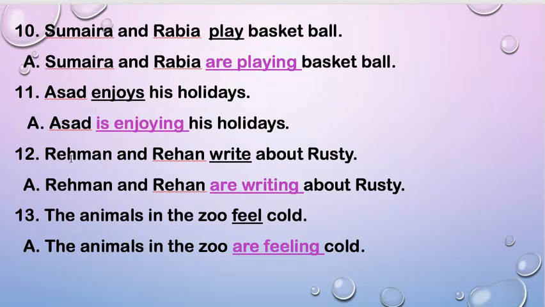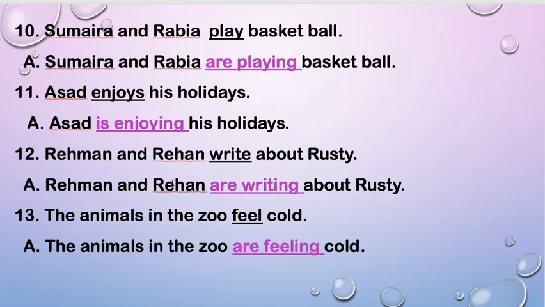Got it, students? Next, Rahman and Rehan write about Rusty. Write is the verb here and it is in simple present tense. So, we have to convert write into present continuous form. So Rahman and Rehan are writing about Rusty.